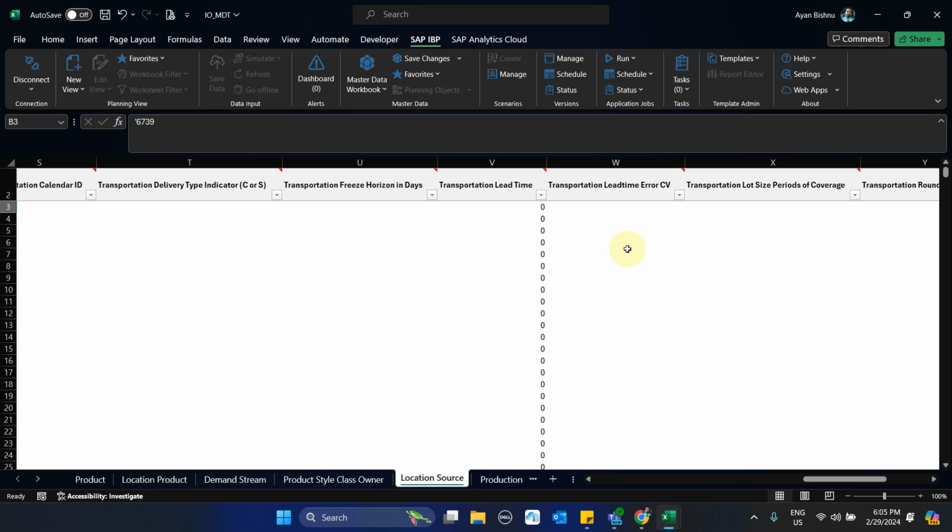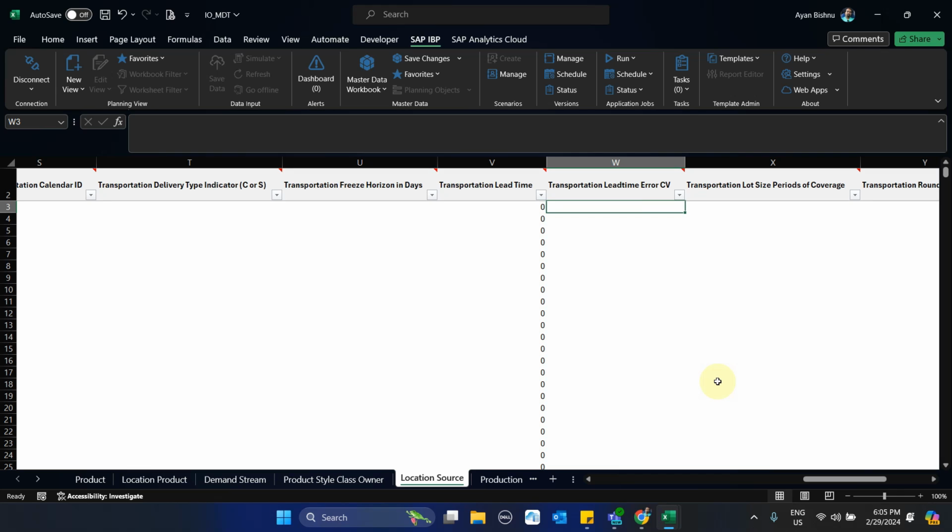Based on these three dates, we do a calculation to see what the actual lead time is. If my lead time is 4 weeks and after the goods receipt I see there has been a delay of 1 week, then I have a deviation of 0.25. That's how we populate the lead time deviation here as 0.25.